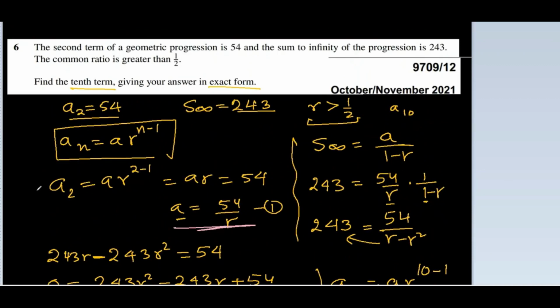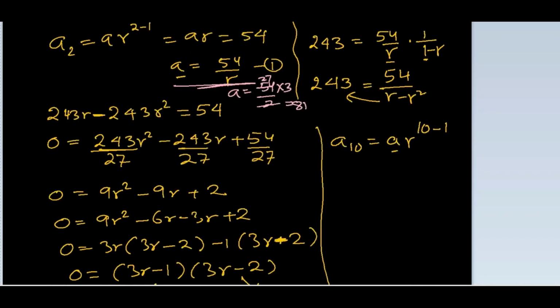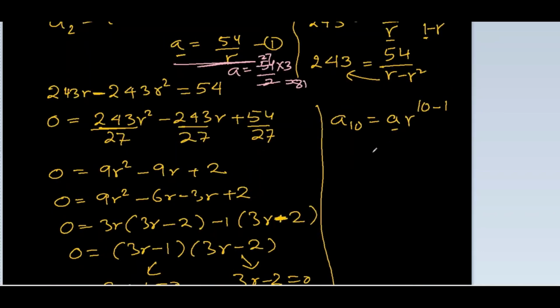It will be a equals 54 divided by 2/3. So I'll write 2 here and third here. So 2 and 54 cancel. 27. 27 times 3 is 81. So a is 81. Let's go back to our calculations here. So a10 will be 81 times R, which was 2/3, to the power 9.